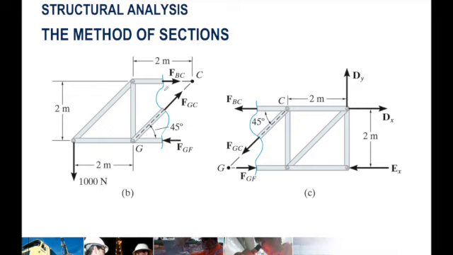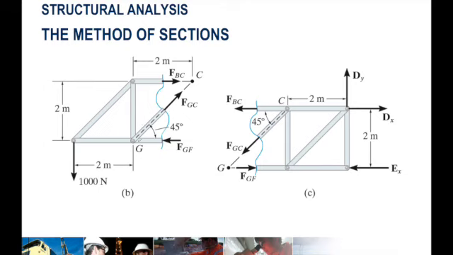So if you are looking for either force BC, force GC, force GF, here you don't have to do the analysis of joint A or joint B until you reach BC, or you don't need to do analysis of joint C, joint D, joint E, or wherever to reach these middle members. So this is what your rigid body will look like. So now here you can do your equilibrium equations.